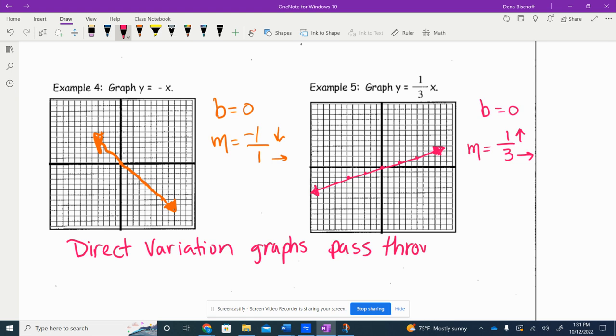So they pass through the point 0, 0, which is called the origin. Okay, that's the first thing. The second thing that we know is that direct variation graphs, the equation is just y equals m times x. Okay, we write them as y equals m times x.